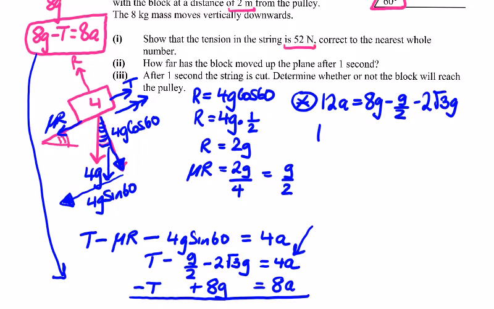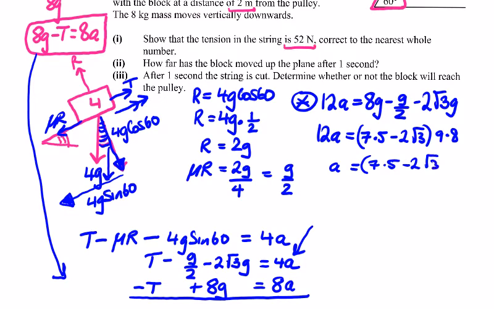So this simplifies as 12a is equal to, well, that's 8g minus a half g, that's 7.5g, and then minus 2 root 3, both times g, which is 9.8. I think we need it in this case. So a is equal to 7.5 minus 2 root 3 by 9.8 over 12. Can't do this in my head.